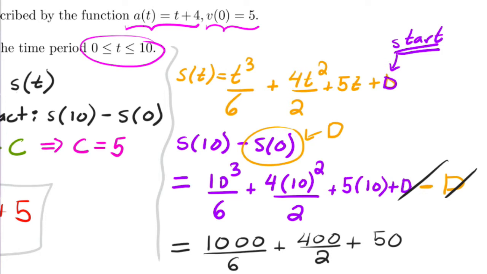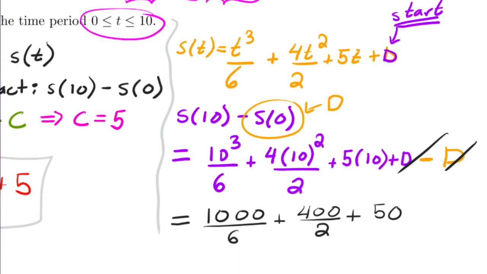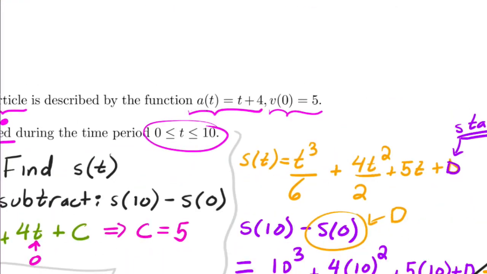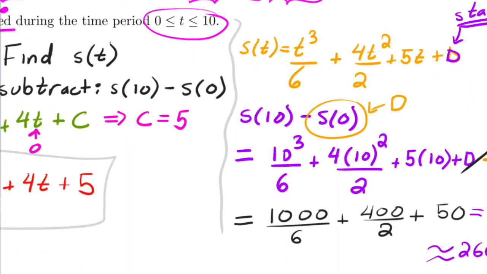And this is equal to 800 over 3, which is about 266.67. And was this in feet or? Oh, there's no units. Okay, well then I guess we're done.